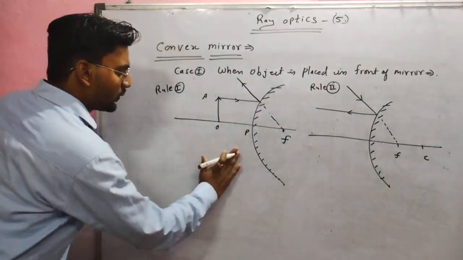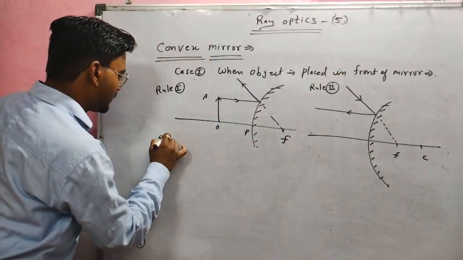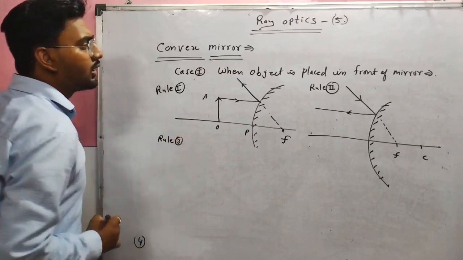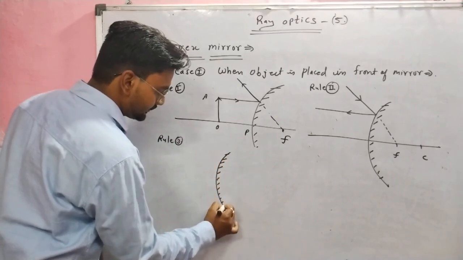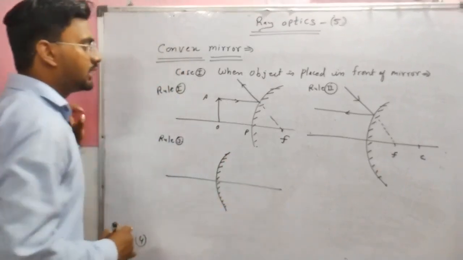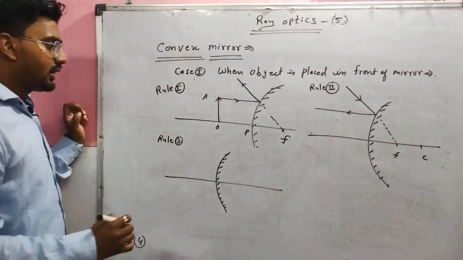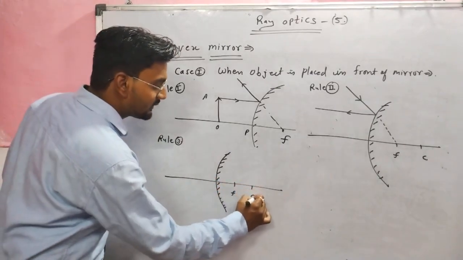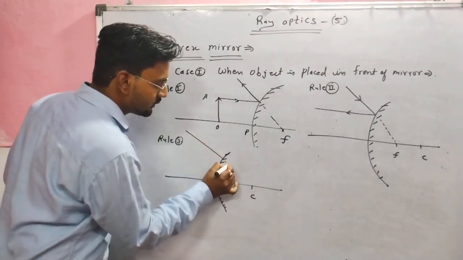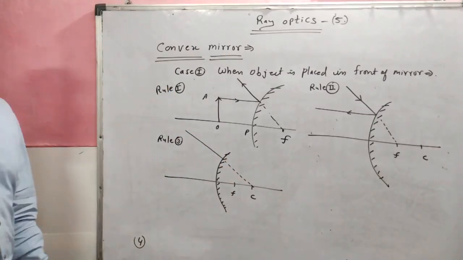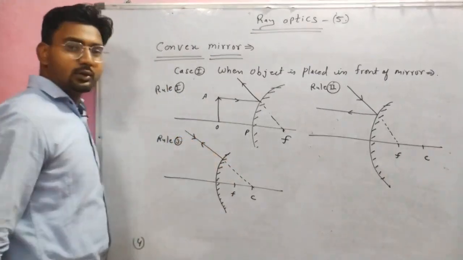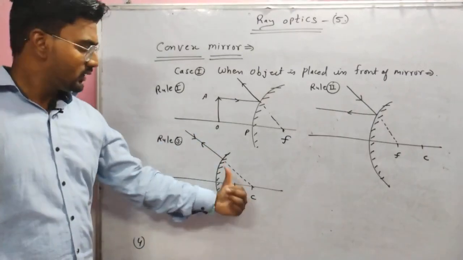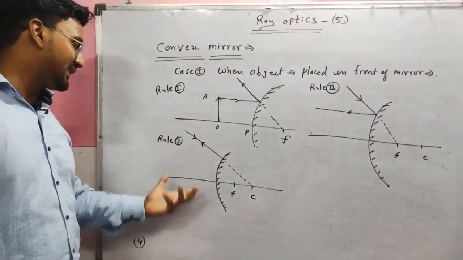Okay, now we are going to discuss rule number 3, and rule number 3 is that when a light ray is coming to the center of curvature, then it will bounce back along the same path as it was incident.